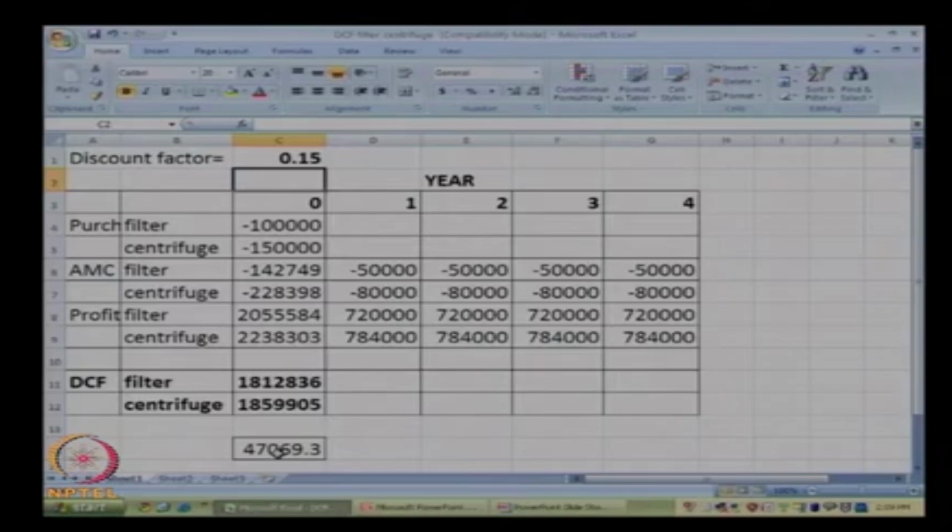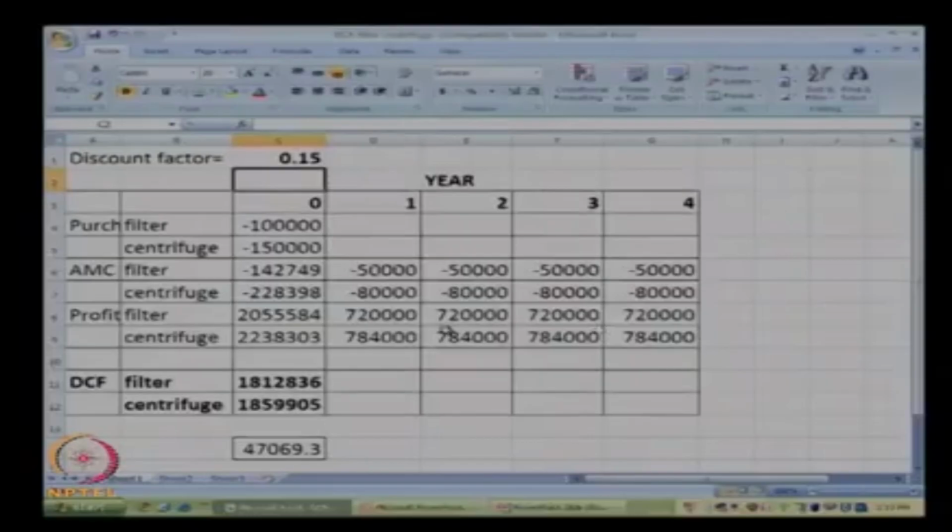So you see, if the discount factor is larger, that means the value of the money is going down much more, then the difference between the filter and the centrifuge is less, because the amount of money which we get because of the profit from the filter and the centrifuge keeps going down much more, because you are dividing by that 15% which comes in the denominator.